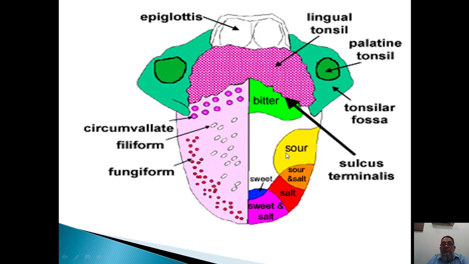The most lateral one in the middle is sour, and the bitter taste is obviously located close to the sulcus terminalis. The sour and salty tastes are at the lateral margin, and the tip is for sweet. So this is the diagrammatic presentation of the location of the various papillae as well as the sensation of taste.